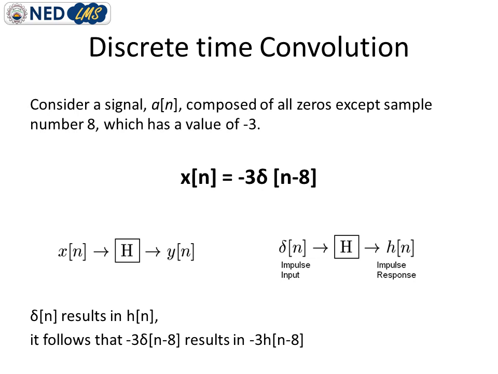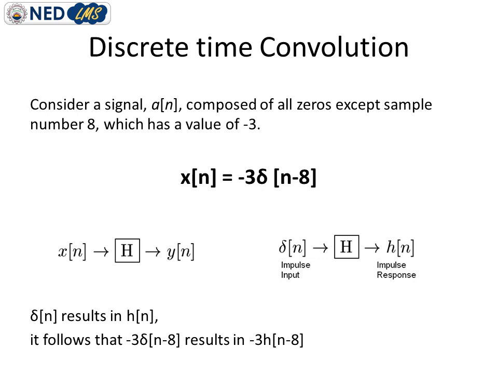So this signal is the same as the delta function shifted to the right by 8 samples and then multiplied by -3. Mathematically you can write x of n equals -3 delta of n minus 8. This is the mathematical representation of that same signal.